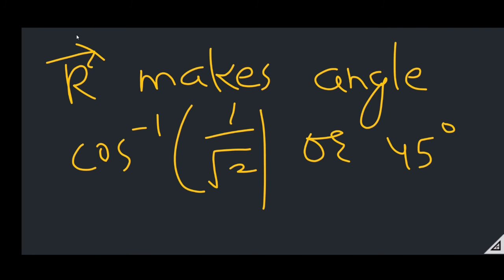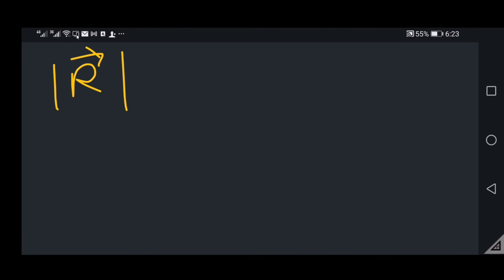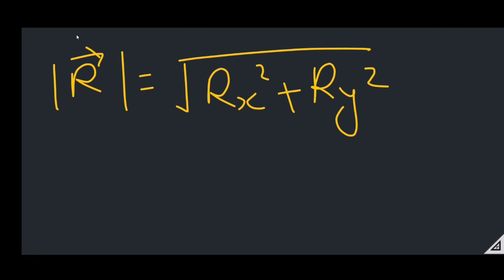What is the reason behind this? Let's see in detail. I have already told you the magnitude of r vector equals root under rx square plus ry square.